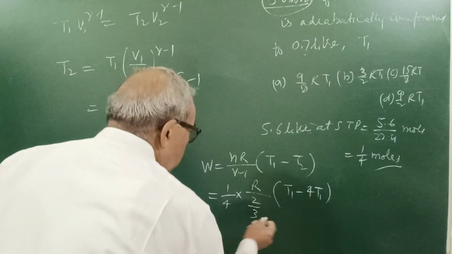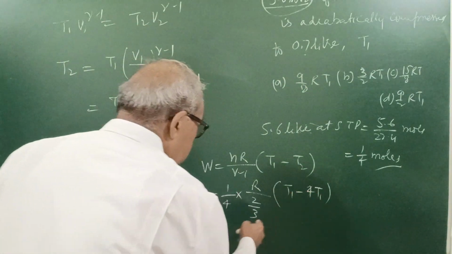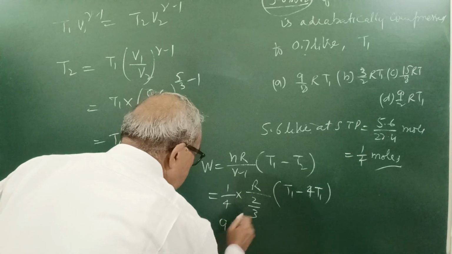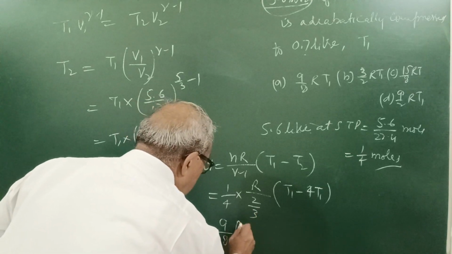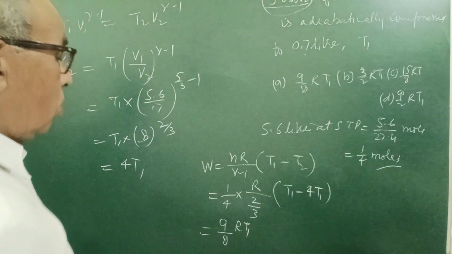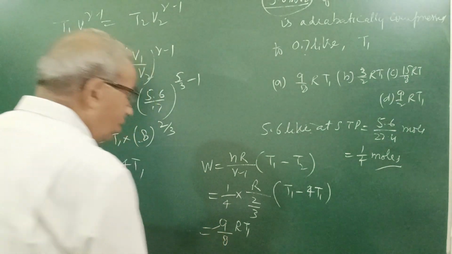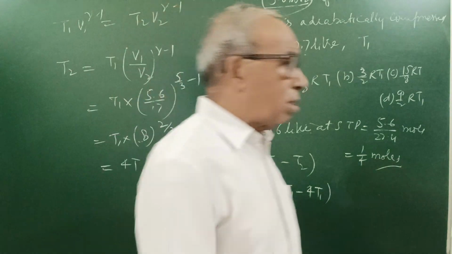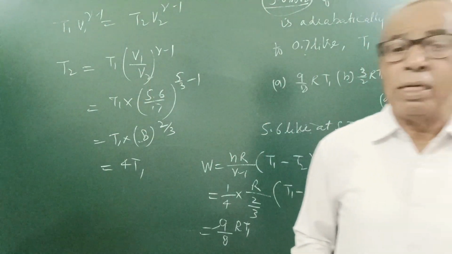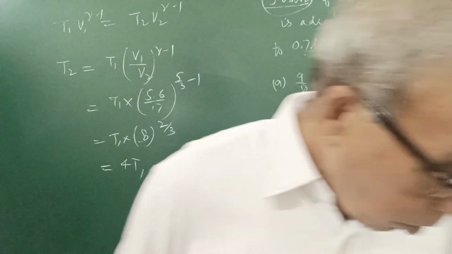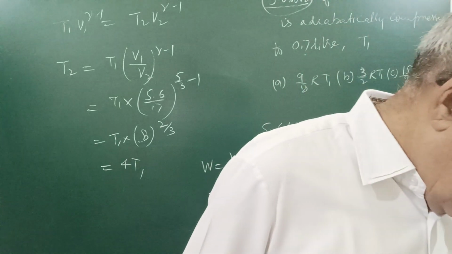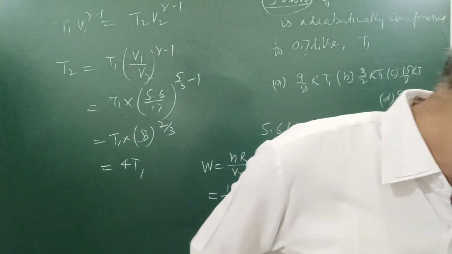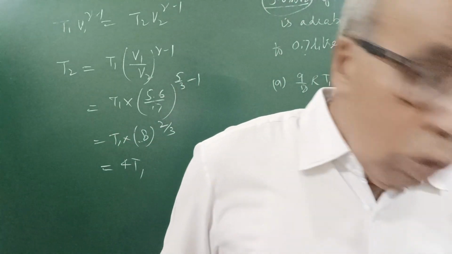So it comes out to be 9/8 RT1. The work done will come with a minus sign, meaning work is done on the gas. In compressing, we have to do work. That's all. In the next video I may solve more questions for you. Thank you.